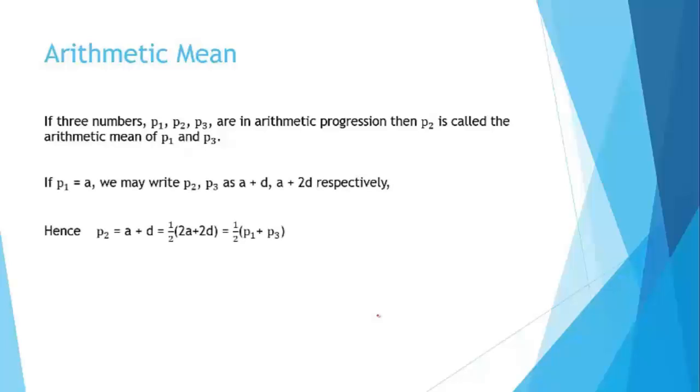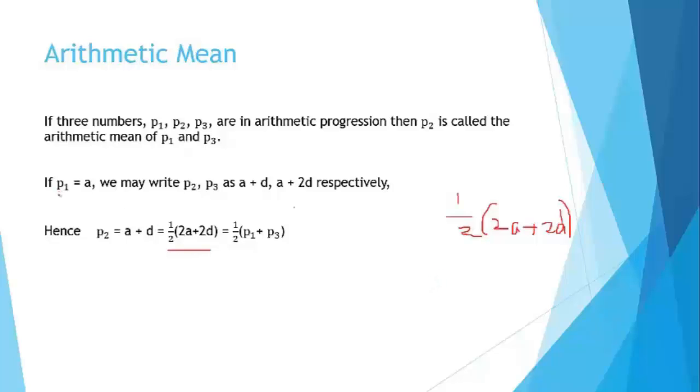So if P1 equals A, we may write P2, P3 as A plus D, A plus 2D respectively. And P2 equals A plus D. So A plus D can also be written as half of 2A plus 2D. We arrange it in such a way, and 2A plus 2D equals P1 plus P3.